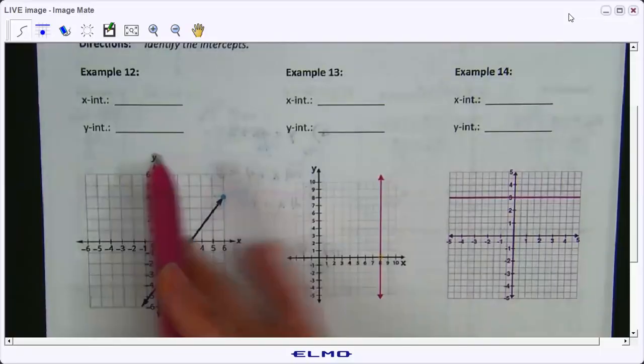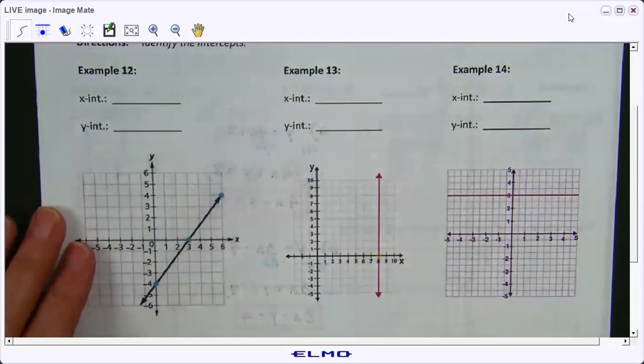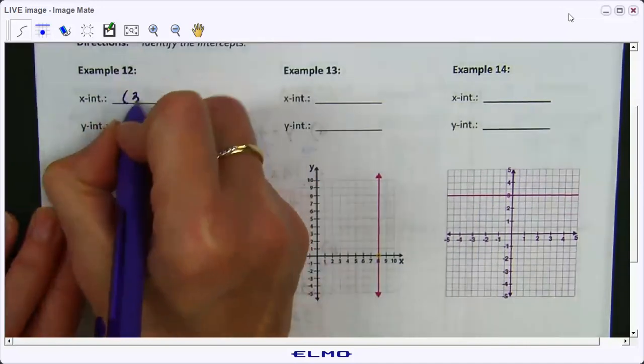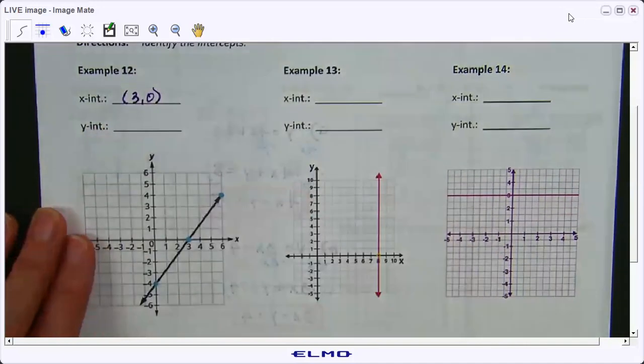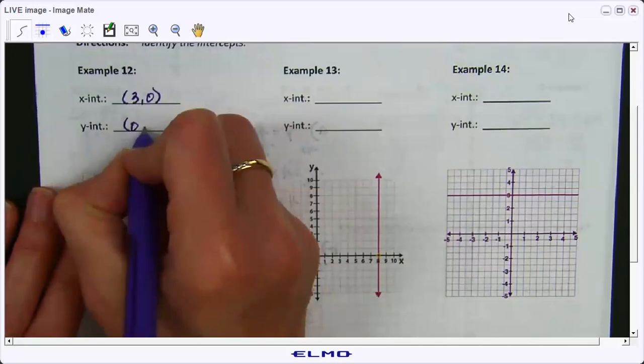Okay, let's move down here. Let's look at this graph right here. We're just going to identify the intercepts. What is the x-intercept in this graph? 3. So we're going to write it as 3, 0. And what is the y-intercept? -4. So we're going to write it as 0, -4.